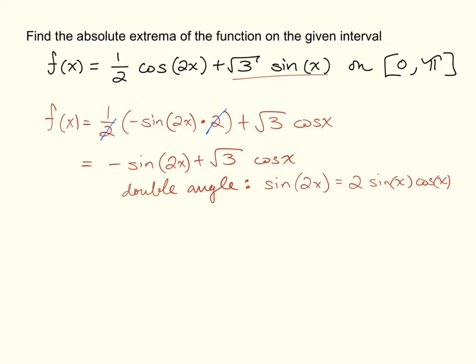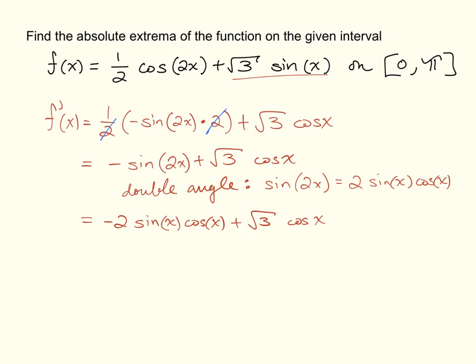This will allow us to rewrite the derivative, f prime of x, in a way that we can easily work with it. So negative 2 sine of x cosine of x plus the square root of 3 cosine of x.